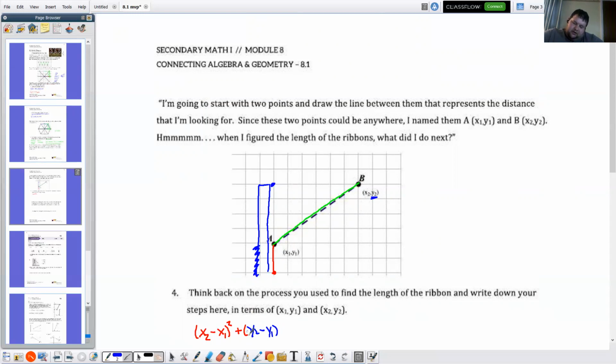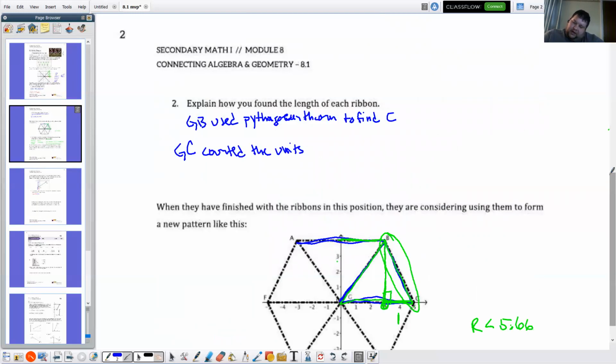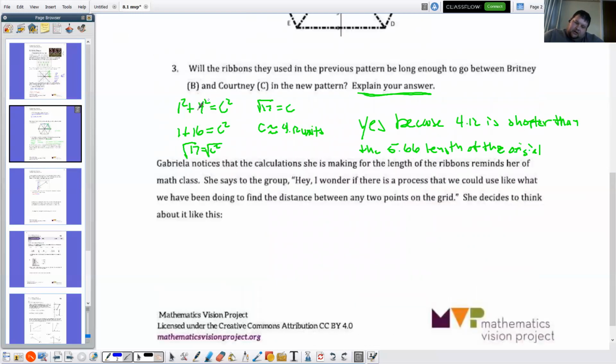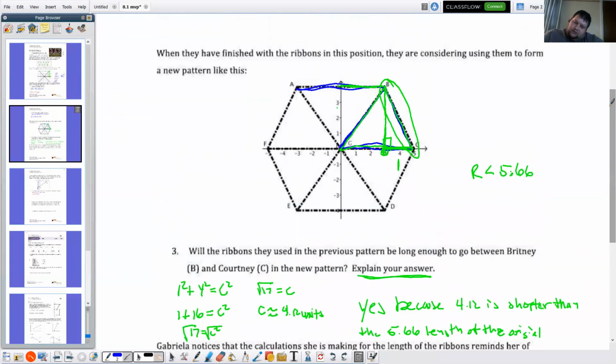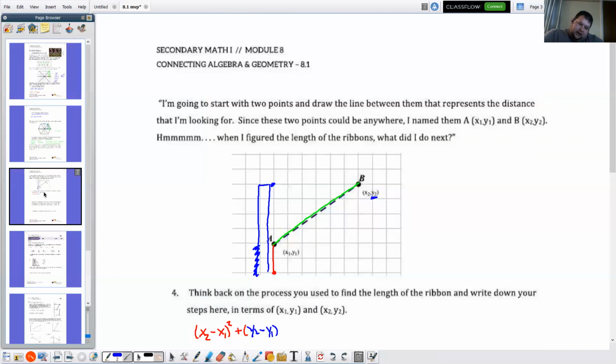That's what this equation is doing right here. Okay, and so if we come back to our equation now up here, that is our y distance here, which was 4 in our case. So we're looking at 4 squared, so in here I need y2 minus y1 squared. Okay, and this is going to equal my distance.